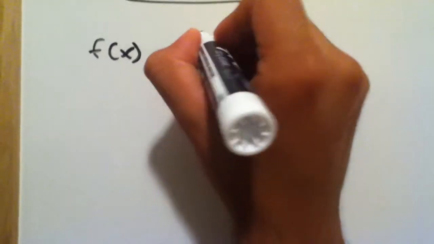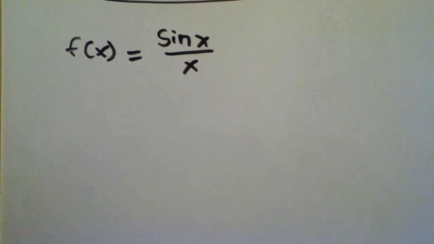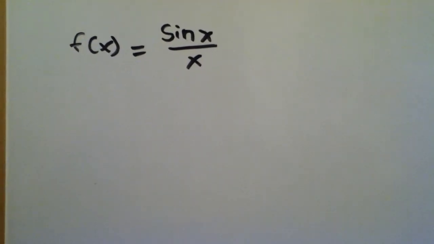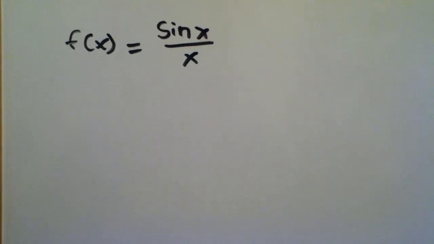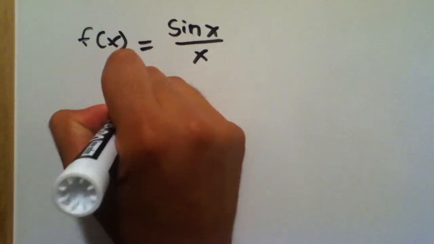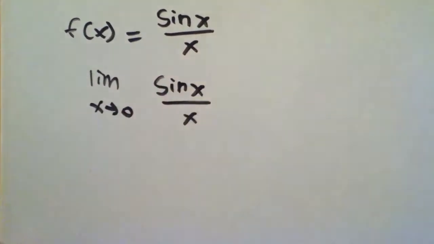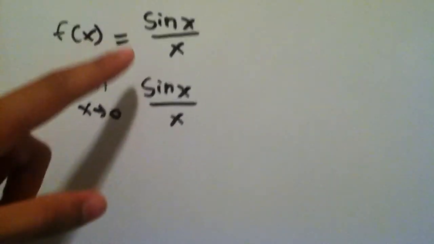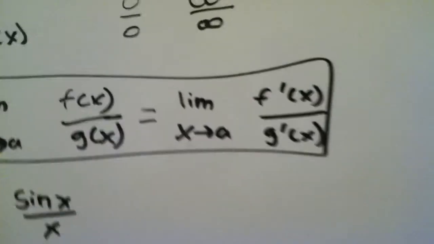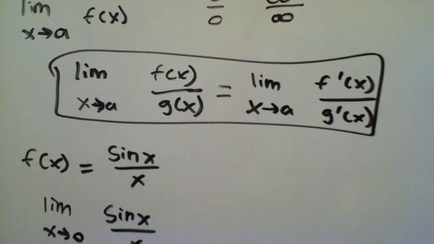Alright, so let's do a very quick, simple, easy starting example. No manipulations involved, just a simple sine x over x. So this is your f of x, and you want to find the limit as x approaches 0 of f of x. This very much resembles the form I showed you above, with two different functions, sine x and x.